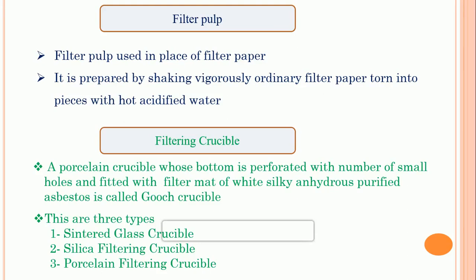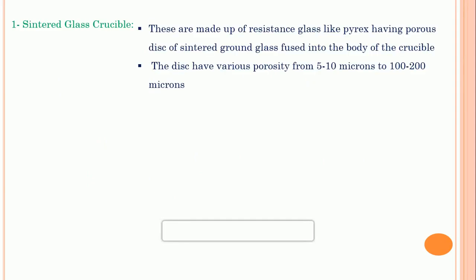Now see them one by one. First, the sintered glass crucible. This is made up from resistance glass, for example Pyrex glass, having a porous disc of sintered ground glass fused into the body of the crucible.